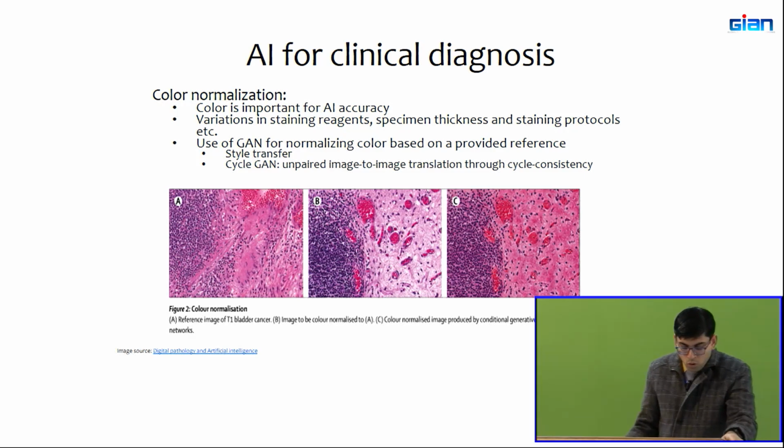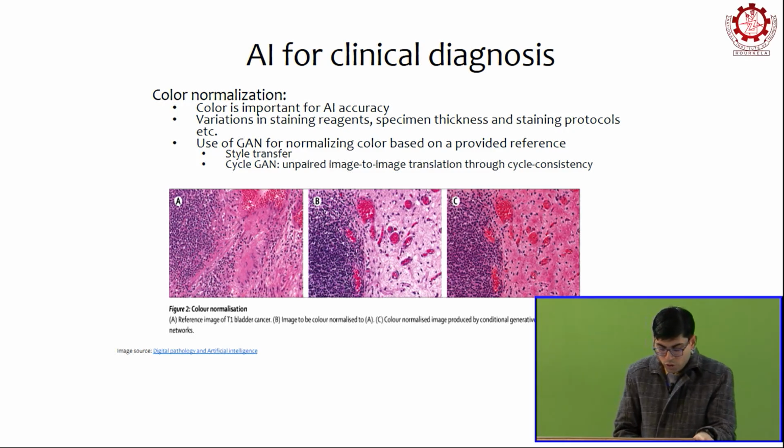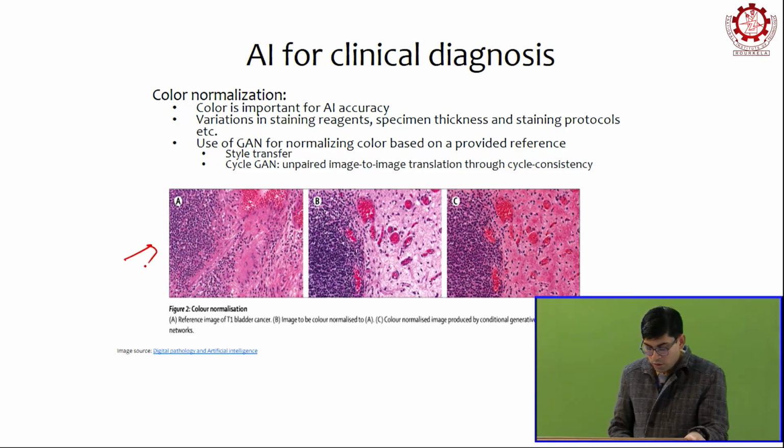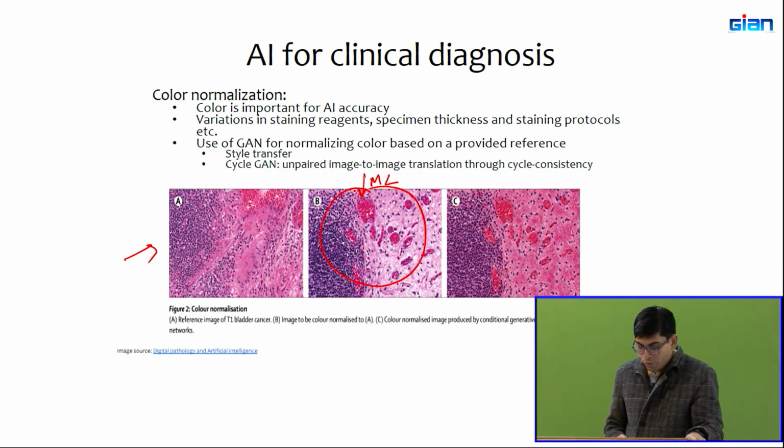Right. So for example, here's an image of bladder cancer. Your machine learning models have been trained on images that have this kind of intensity. Right.